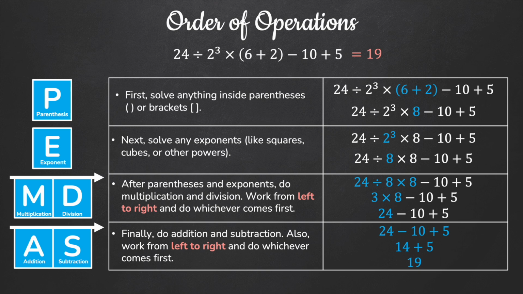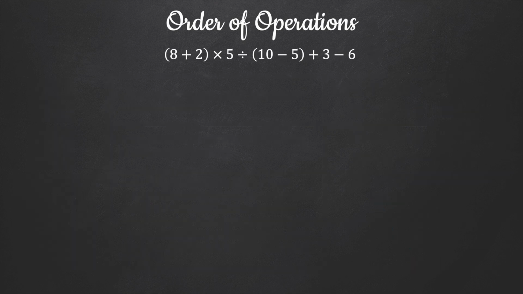That means that 24 divided by 2 cubed times, in parentheses, 6 plus 2, then minus 10 plus 5 is equal to 19.